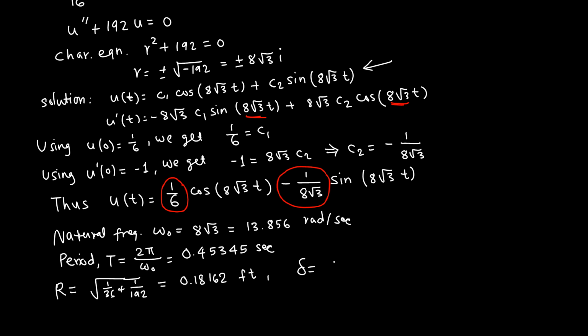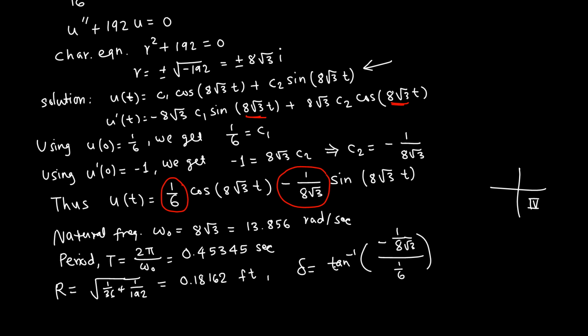And next we're going to find the phase shift of the motion. So delta is given by tangent inverse of c2 divided by c1, because sine goes with c2. So -1 over 8√3 divided by 1 over 6. Or our phase shift could be this plus pi. It depends. We need to determine the correct quadrant. Look at here, sine is negative and cosine is positive. Sine negative, cosine positive means fourth quadrant.